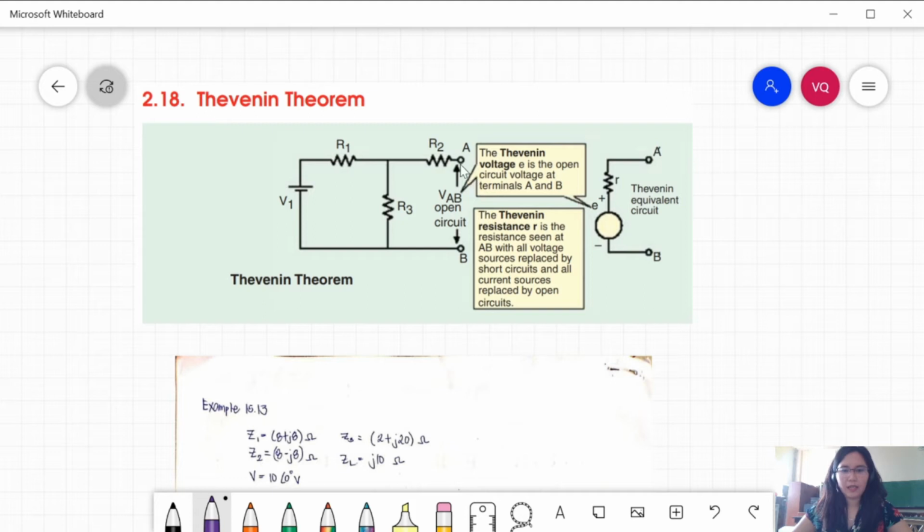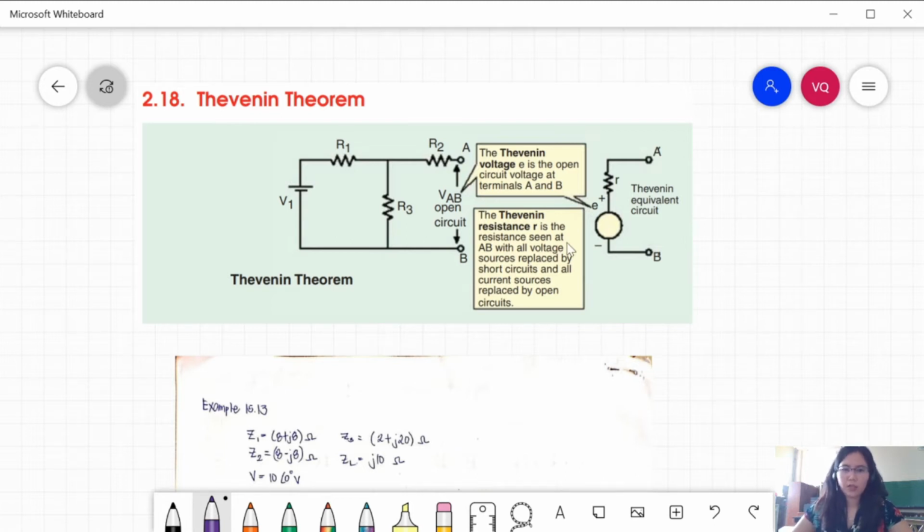Terminals A and B will be our ZL, and we are required to solve for the current flowing in terminals A and B. First, you solve the Thevenin voltage, the open circuit voltage between terminals A and B. After you solve the VOC or VTH, next you solve for the Thevenin impedance ZTH.